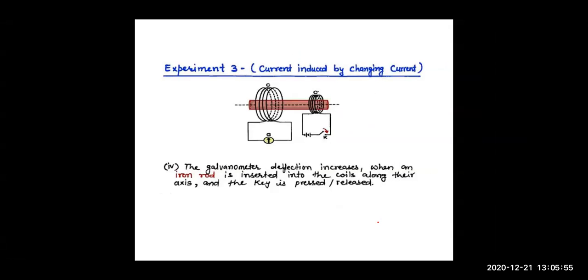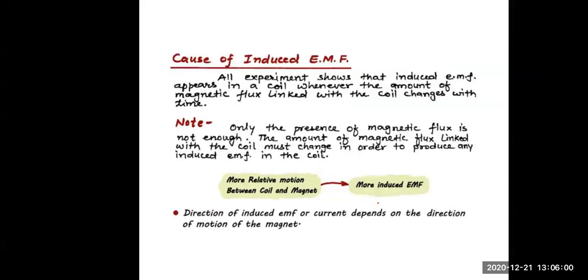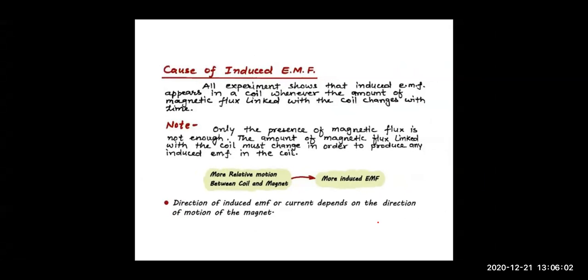right? So from here, we can conclude what the cause of induced EMF is. Why is current produced? Current is produced whenever, when you are bringing the bar magnet near, when you are moving it away, when you are putting the switch on and off, what are you changing?